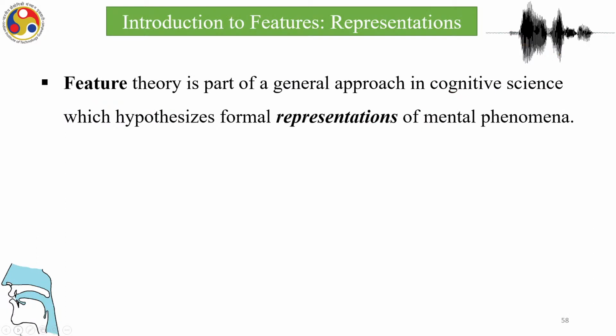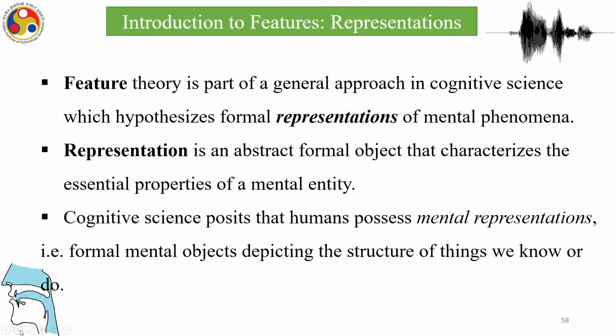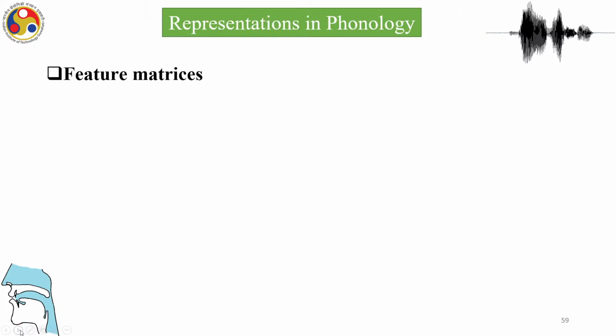So we also talked about features and representations, and all these mental representations are important when you're talking about phonology. The representation of sounds as formal objects, which are definite mental entities. So that's how you see that phonetics and phonology are different.